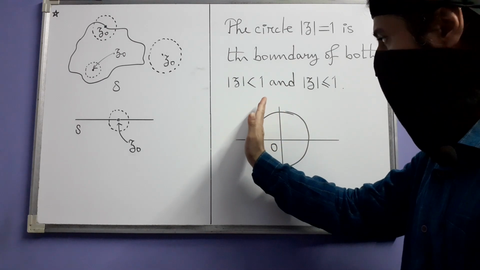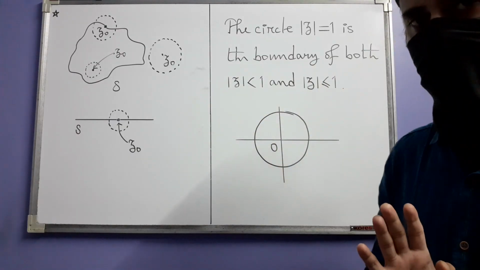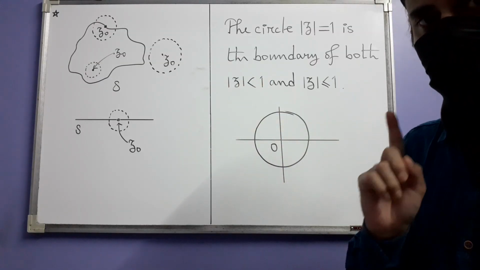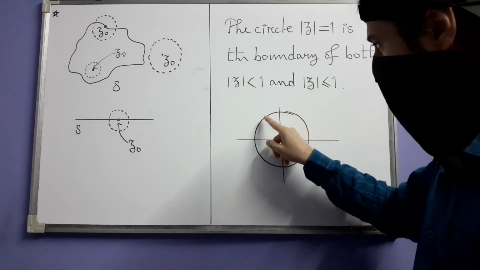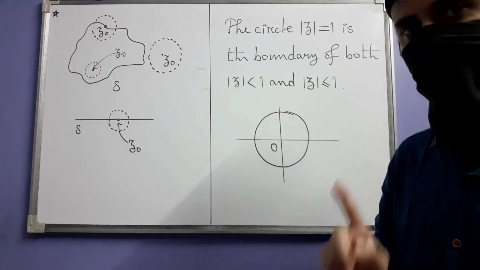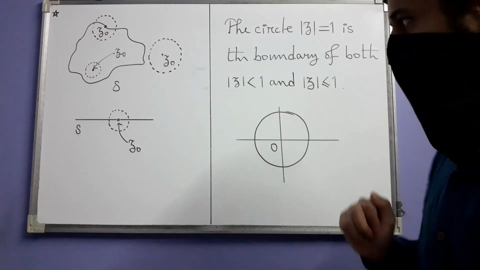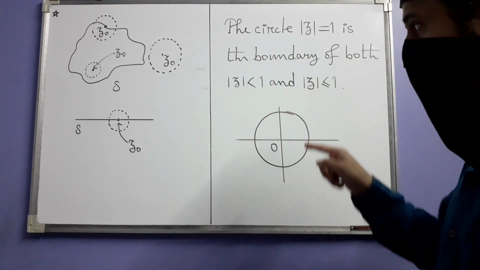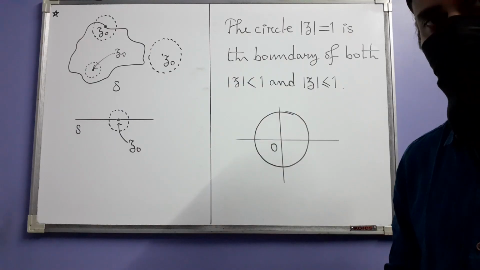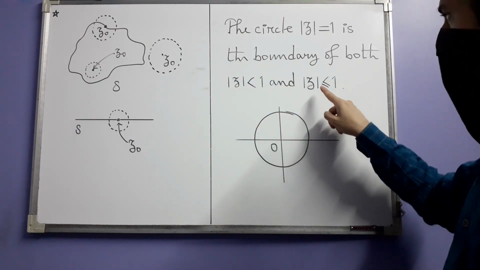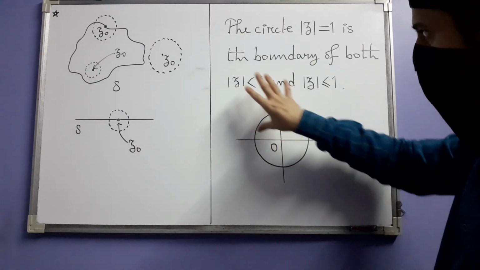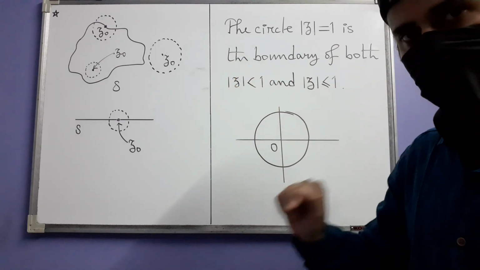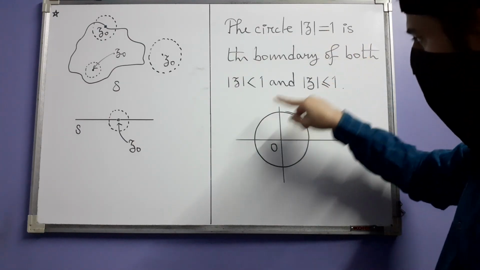All the points that lie outside this circle are exterior points of this S, and all the points that lie on the circle are boundary points of S. So that is why the circle, which is the set of all boundary points of S, is the boundary of this set S. Similarly, what is this set? This set is that previous S, but along with that we have the circle also. For this set also, the boundary is the circle itself.